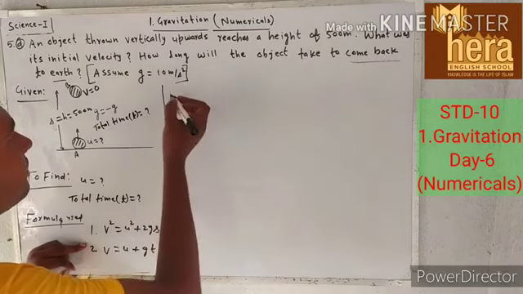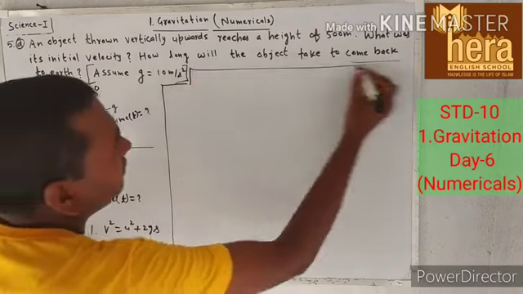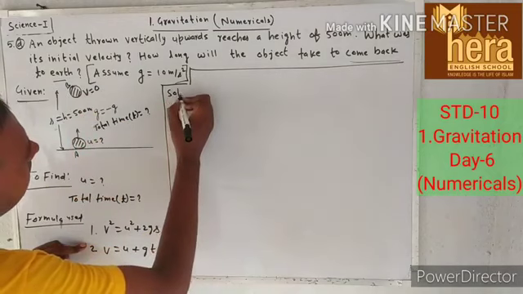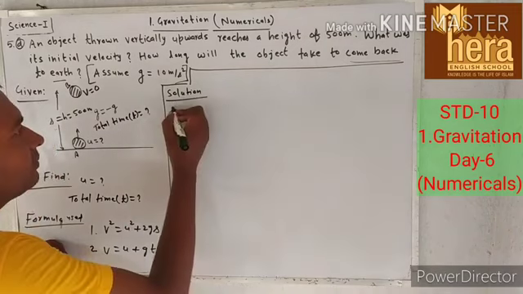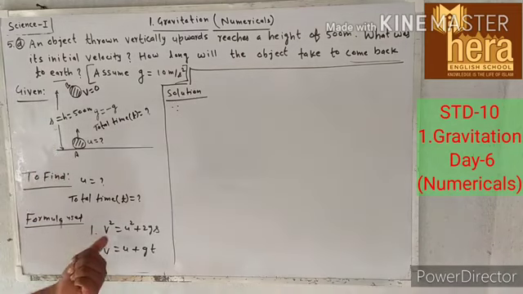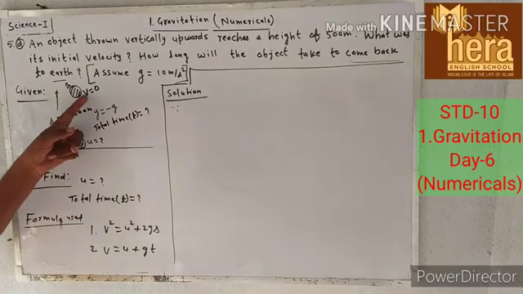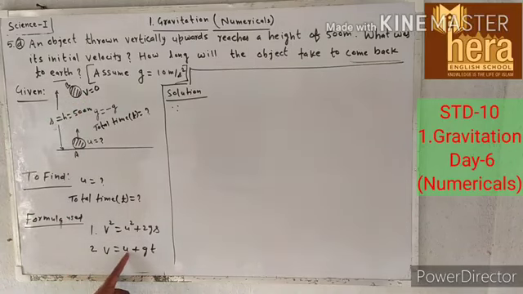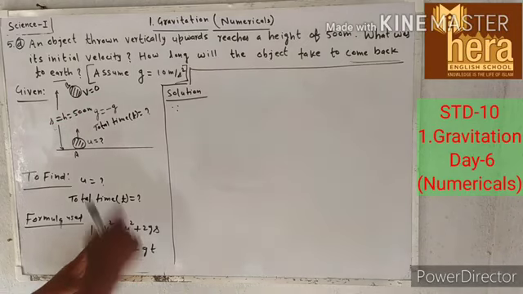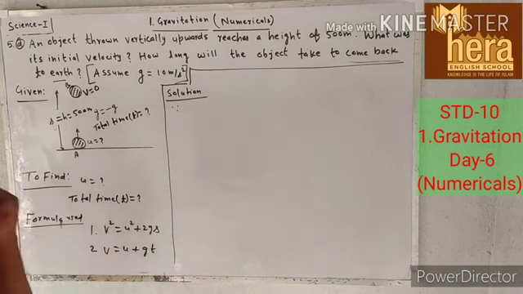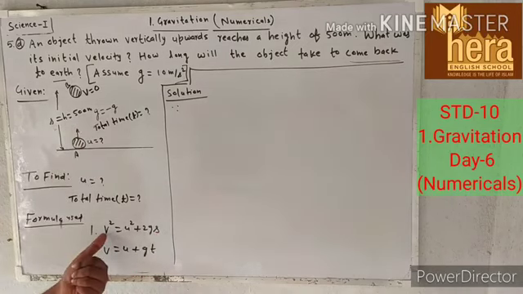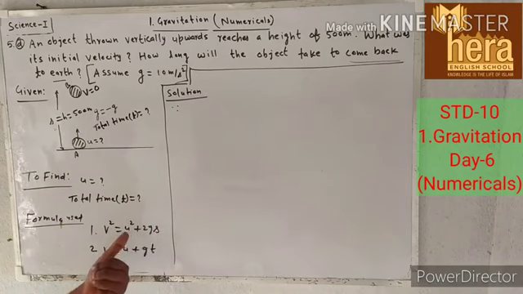Then solution. Why have we used this formula? The reason is v is given, g is given, s is given, and u we have to find.